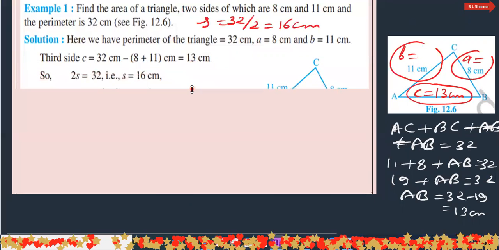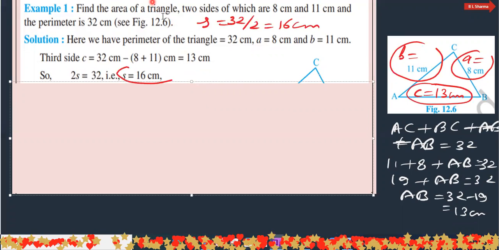So now we have s, that is 16 centimeter. Small s is 16 centimeter.